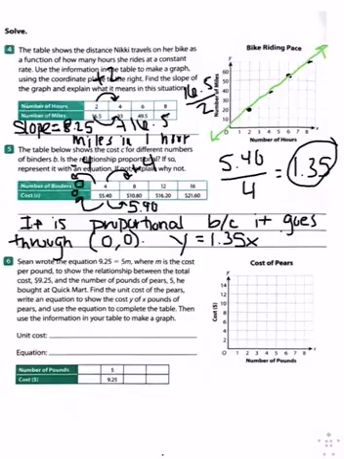Number 6. Sean wrote the equation 9.25 equals 5m, where m is the cost per pound, to show the relationship between the total cost, 9.25, and the number of pounds of pears, 5, he bought at Quick Mart. Find the unit cost of the pears, write an equation to show the cost y of x pounds of pears, and use the equation to complete the table. Then use the information in your table to make a graph.